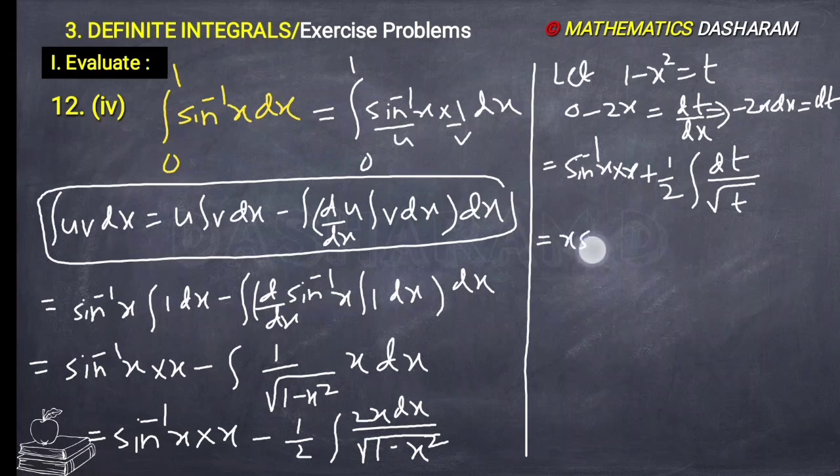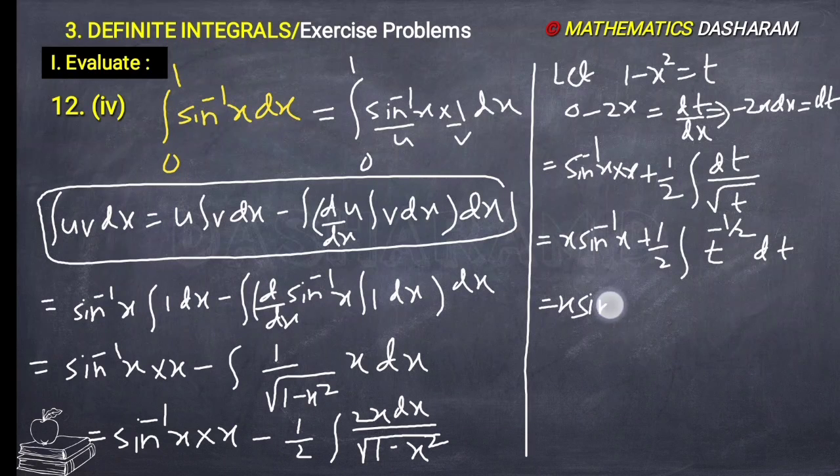Next, x into sine inverse x plus 1 by 2 integration, here 1 by root t means t to the power of minus 1 by 2 dt. Now here apply the x to the power of n formula. What is that formula? x to the power of n plus 1 by n plus 1. So t to the power of minus 1 by 2 plus 1 by minus 1 by 2 plus 1.